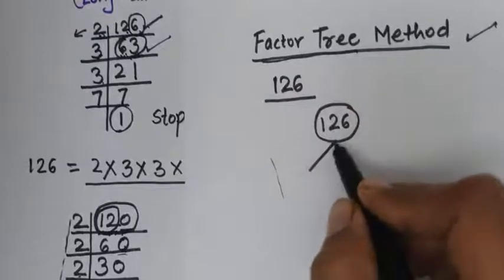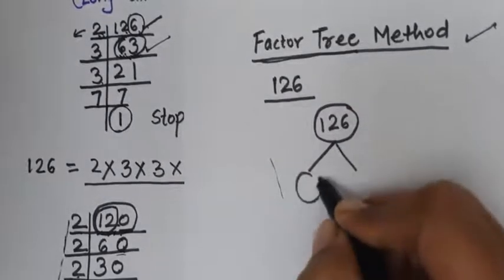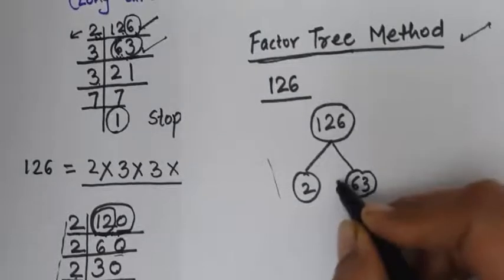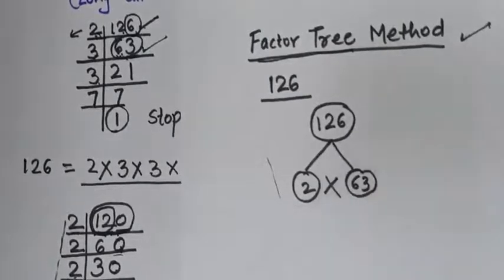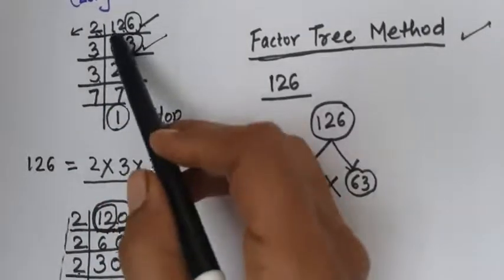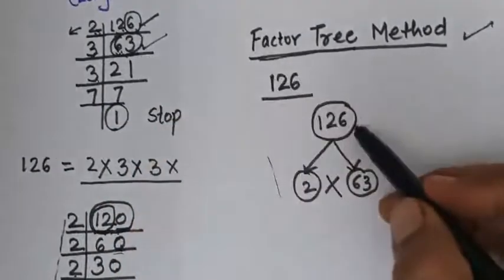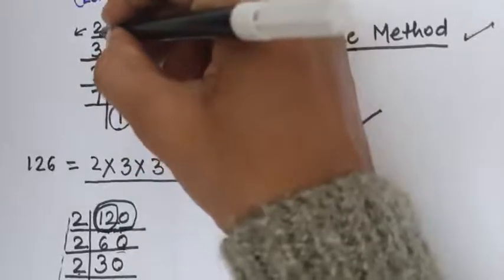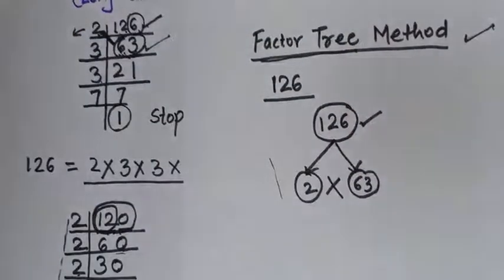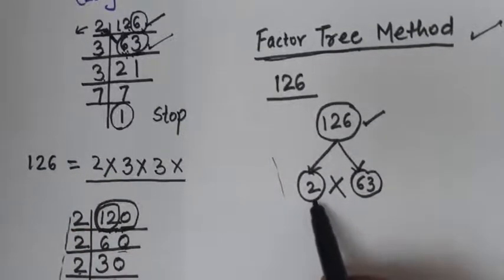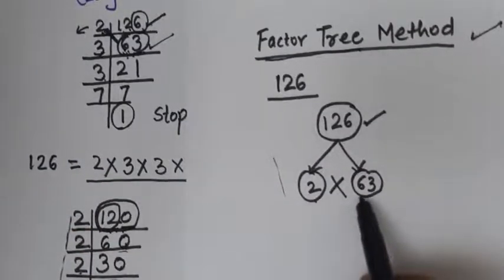So I will write like this, 2 here, 63 here, and put multiply sign here. Clear, children? 126 was there, I wrote 126. Then 2 you have to move diagonally. 2 multiply 63. I have written 2 multiply 63.